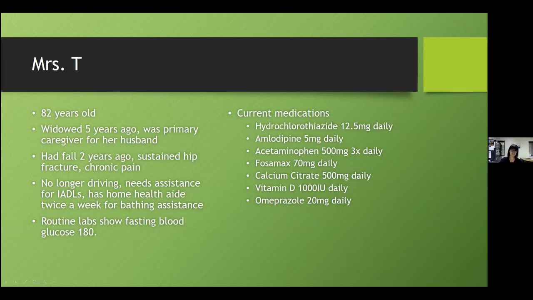Again, she's here for routine labs, but her glucose level is now 180. Those are her current medications. So we went from her not taking much about 10 years ago to her being on 7 regular medications. So again, kind of polling folks: at a blood glucose level of 180, who thinks we need to initiate some kind of pharmacotherapy for her?